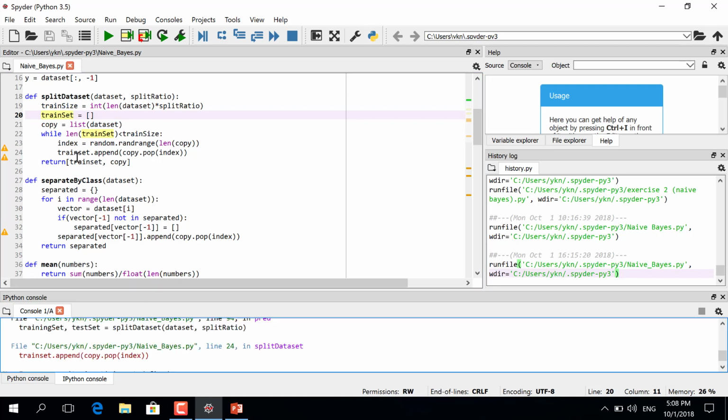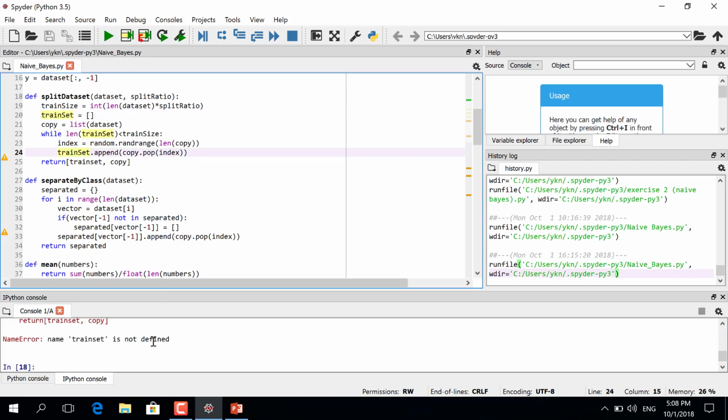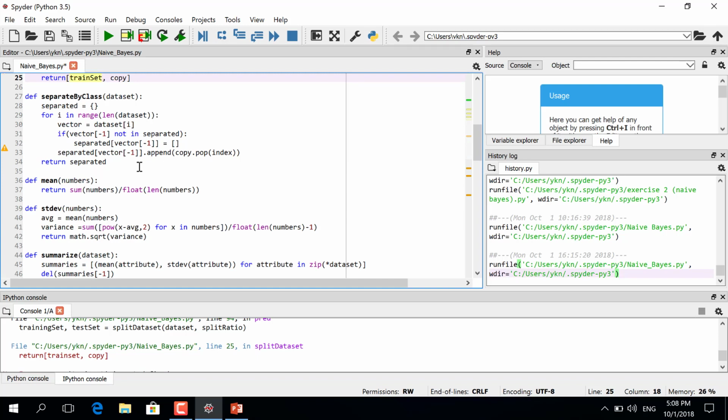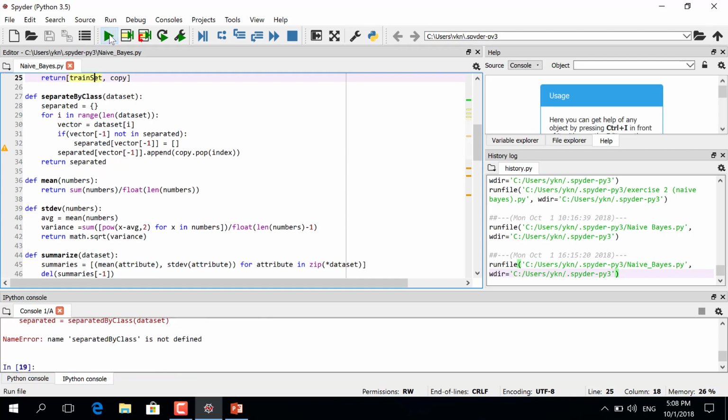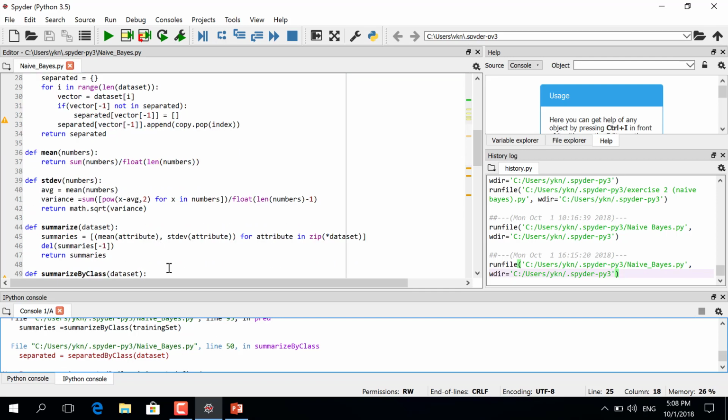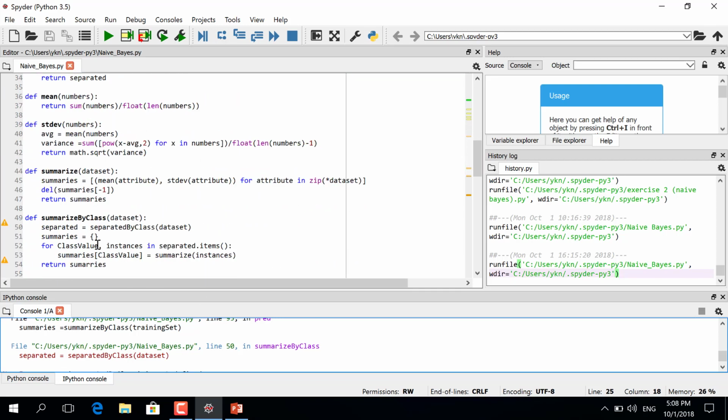Train set again, line 25. Yes, separated by class, with class B and C and capital letters.